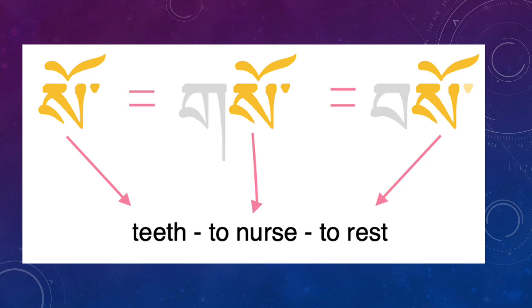We have three syllables that are pronounced exactly the same, and that means three different things. So we have seen so means tooth or teeth, and then if you change the spelling, it means to nurse or to rest. Don't learn the last two.